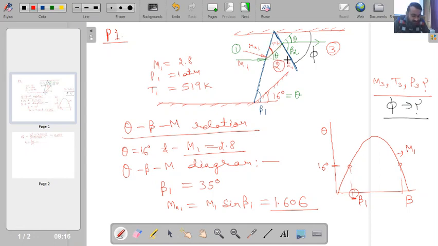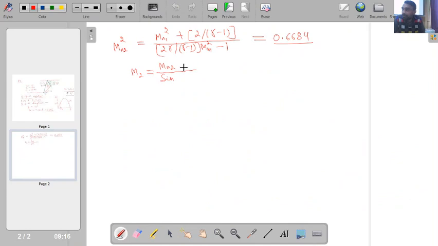So if M2 is in this direction, the normal component will be M2 into sine of beta minus theta. So simply I can write that M2 equals Mn2 upon sine of beta 1 minus theta. This is simple geometry. Even by referring to this figure, I can predict this value. So M2 from here comes out to be 2.053. Is this point clear?